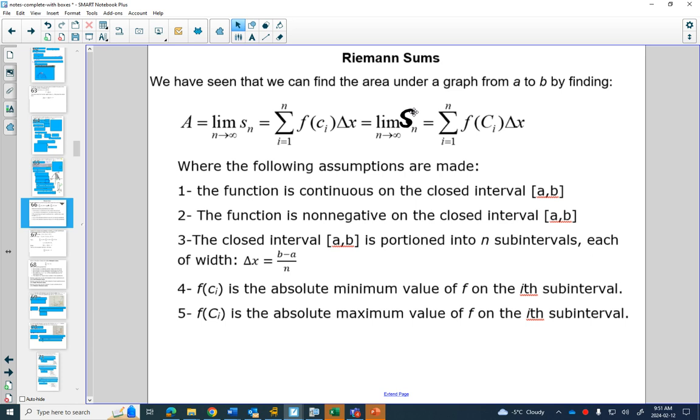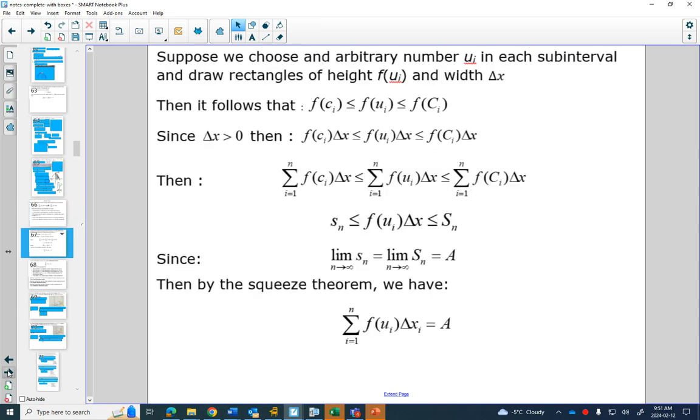We've got our absolute minimum with the little c and the absolute maximum with the big C. So the idea now is that between the lower value and the upper value, there's going to be another number in the middle, or anywhere in the middle, that we're going to call u. So you have a smaller rectangle, a bigger rectangle, and then one rectangle in the middle.